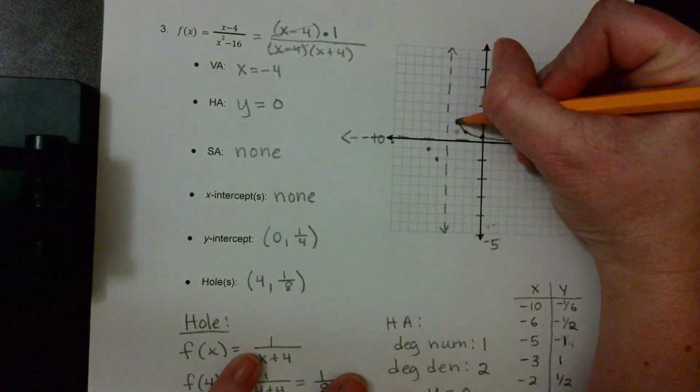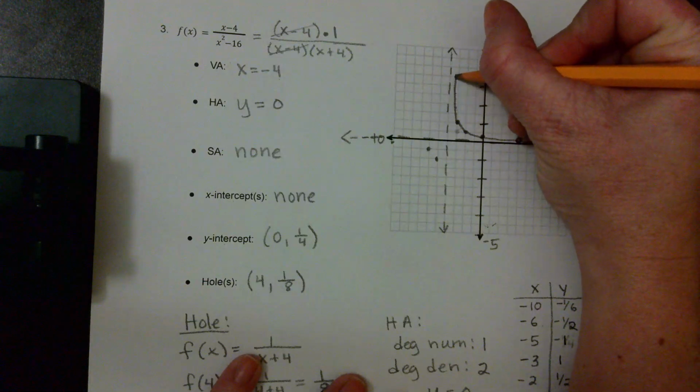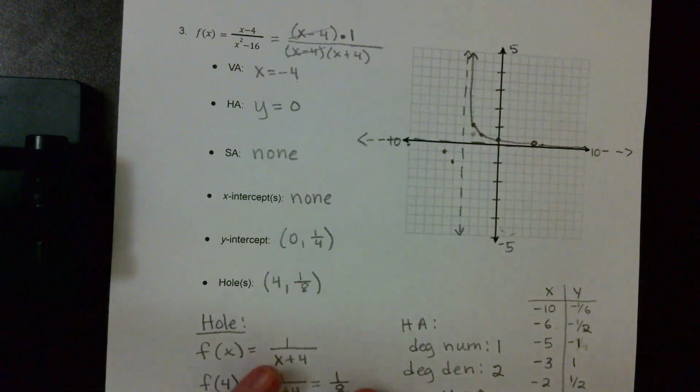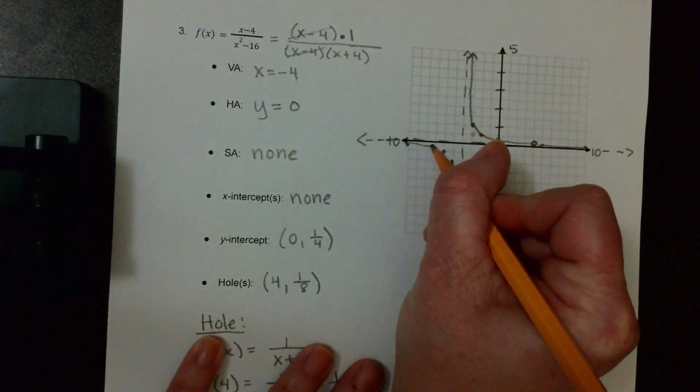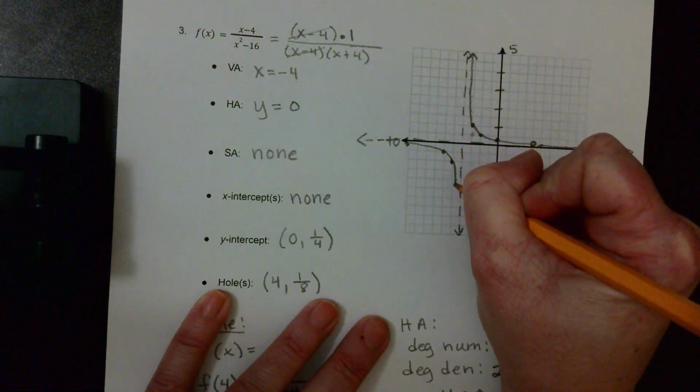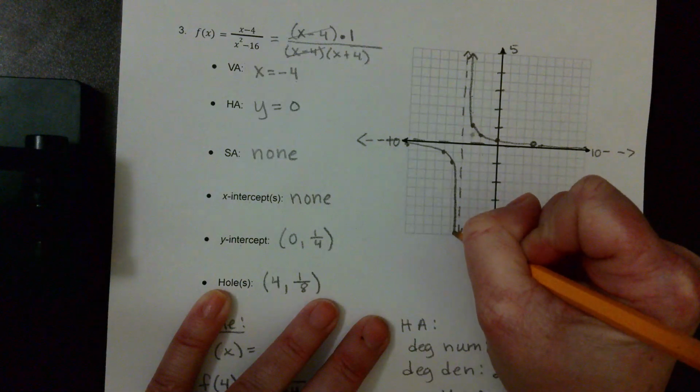So to continue this branch, you would go here, and then if you connect these points and continue, you want to be getting closer and closer to here.